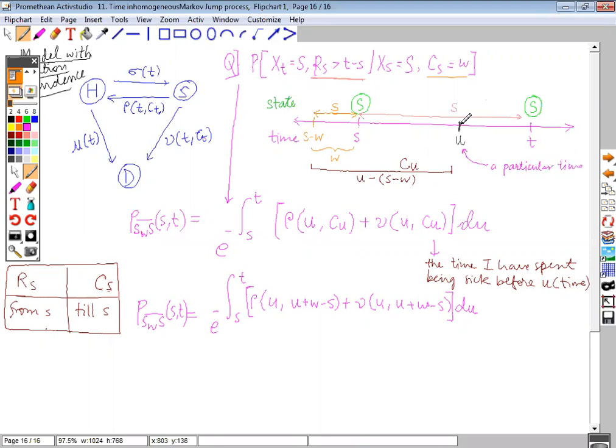Whenever I put a dash here, it means that this is a time. And if I draw some interval symbol here, I know that this is the duration. Does this make some sense?